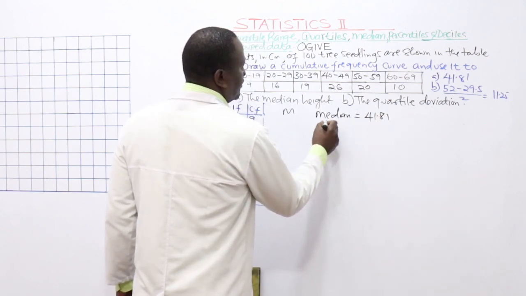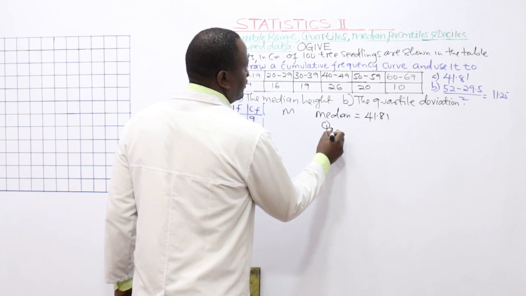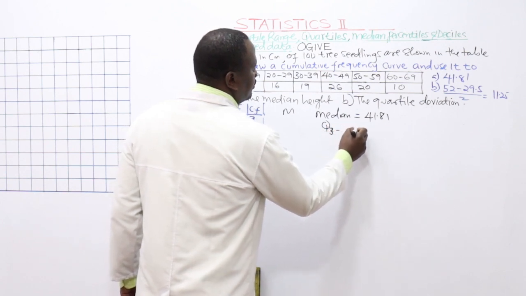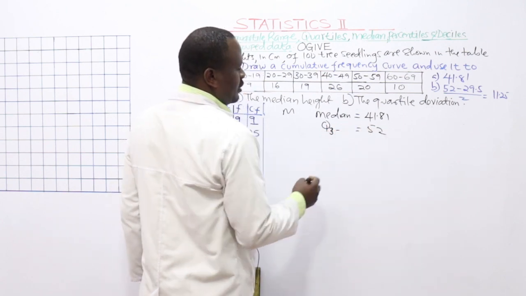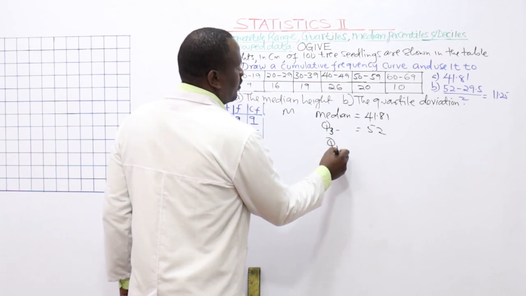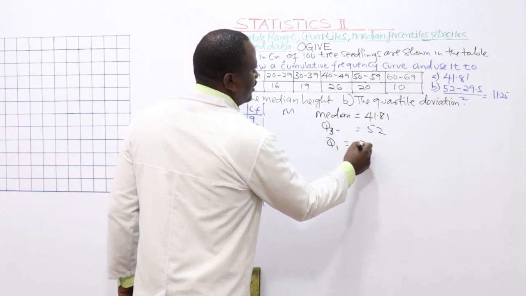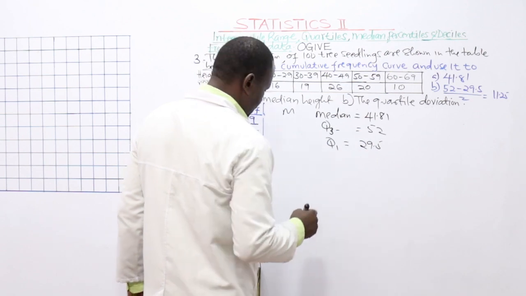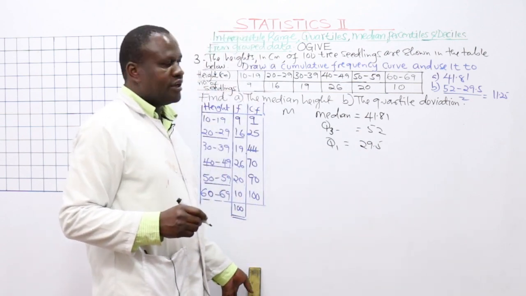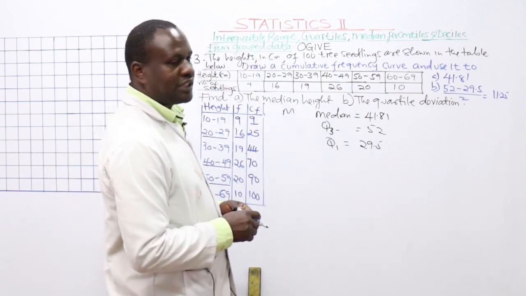The upper quartile was 52. The lower quartile was 29.5. So we are going to use another way called an ogive.